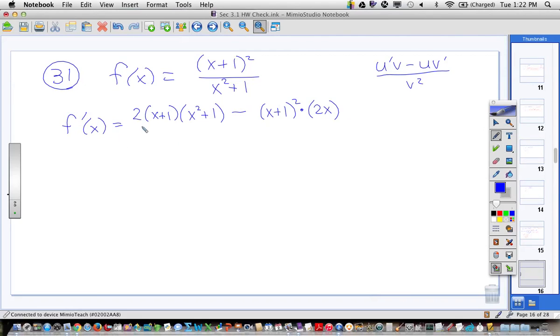And then it's all over the bottom squared. Now, one thing I will caution is sometimes in the product rule, or the quotient rule, when people get so caught up doing the top part, then they forget about the bottom part, the v squared part.